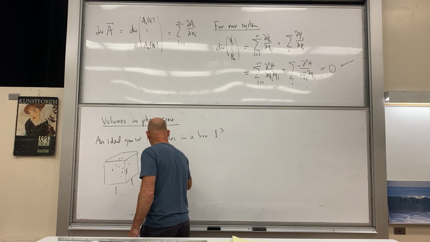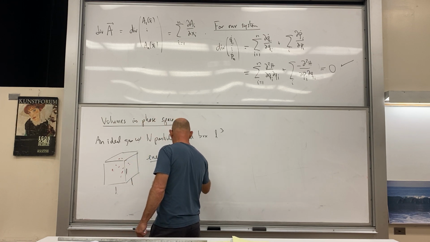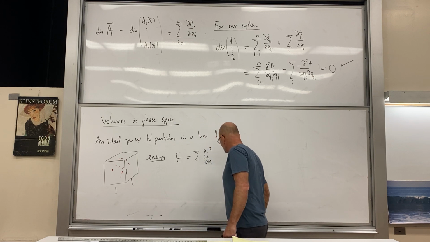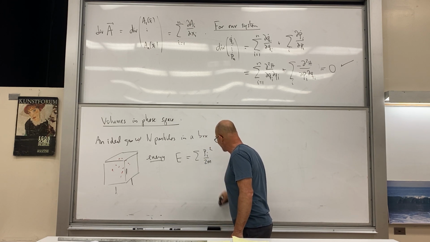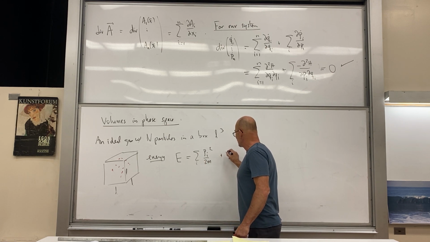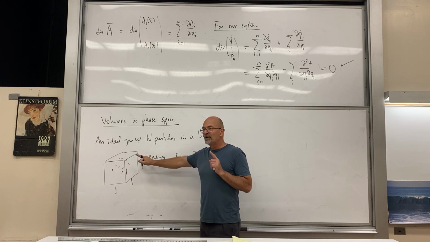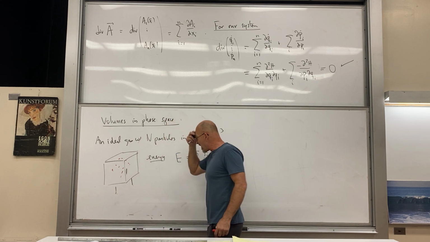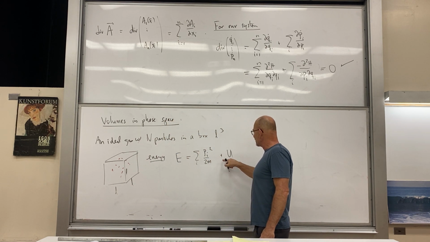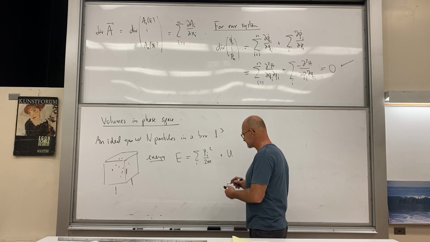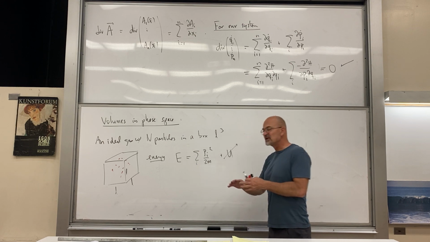Let's take it a step at a time. So the energy E is just going to be the sum of p sub i squared over 2m sub i. And let's just let the particles be identical, p sub i squared over 2m, plus U. But since these are free particles, except when they occasionally collide with each other or with the side of the box, this U is essentially equal to 0, except for a bunch of delta functions.